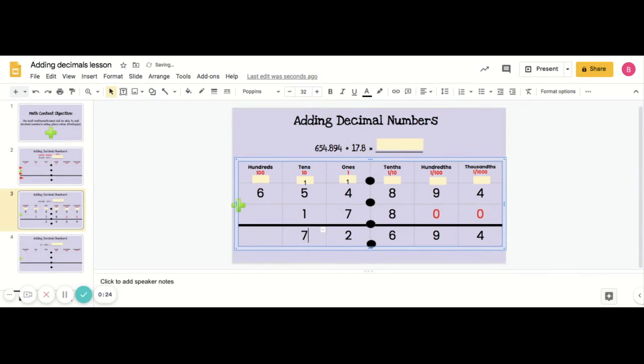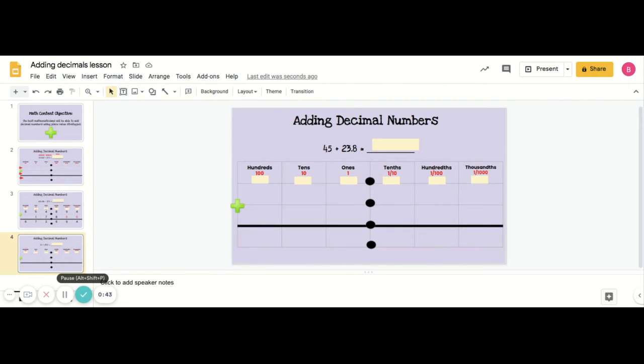So we'll place our 7 here. Now in our hundreds place, we have 6 plus 0, which equals 6. So we found our sum to be 672 and 694 thousandths.